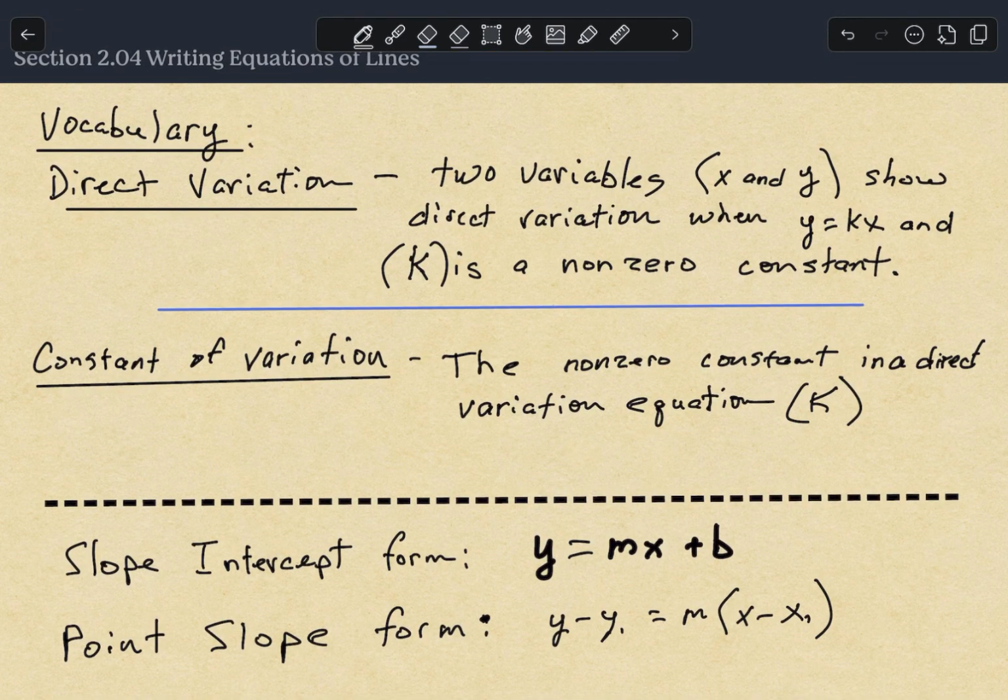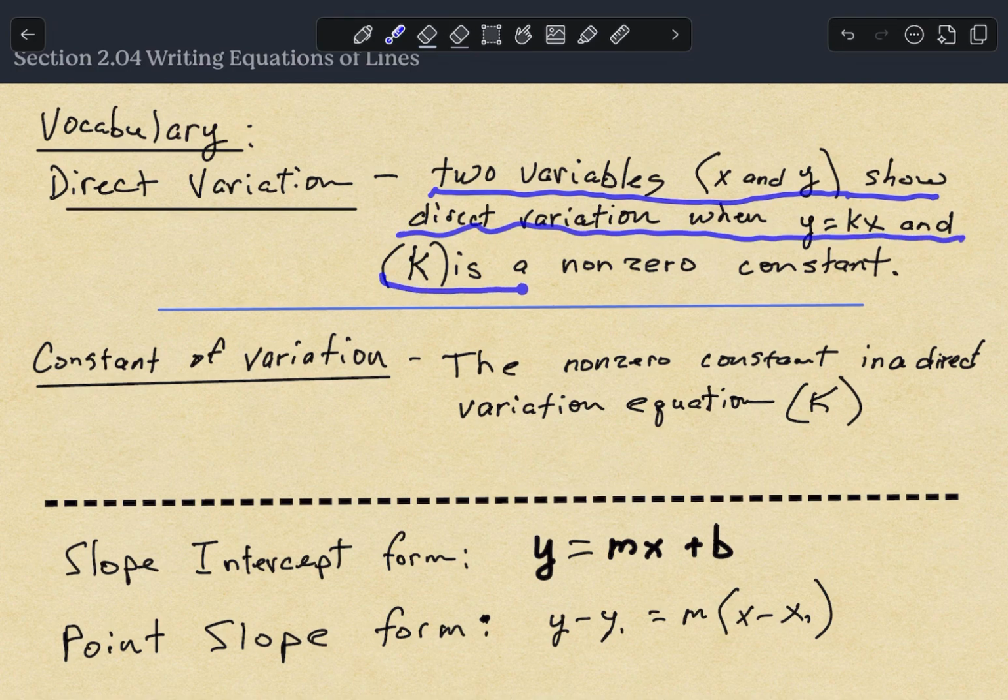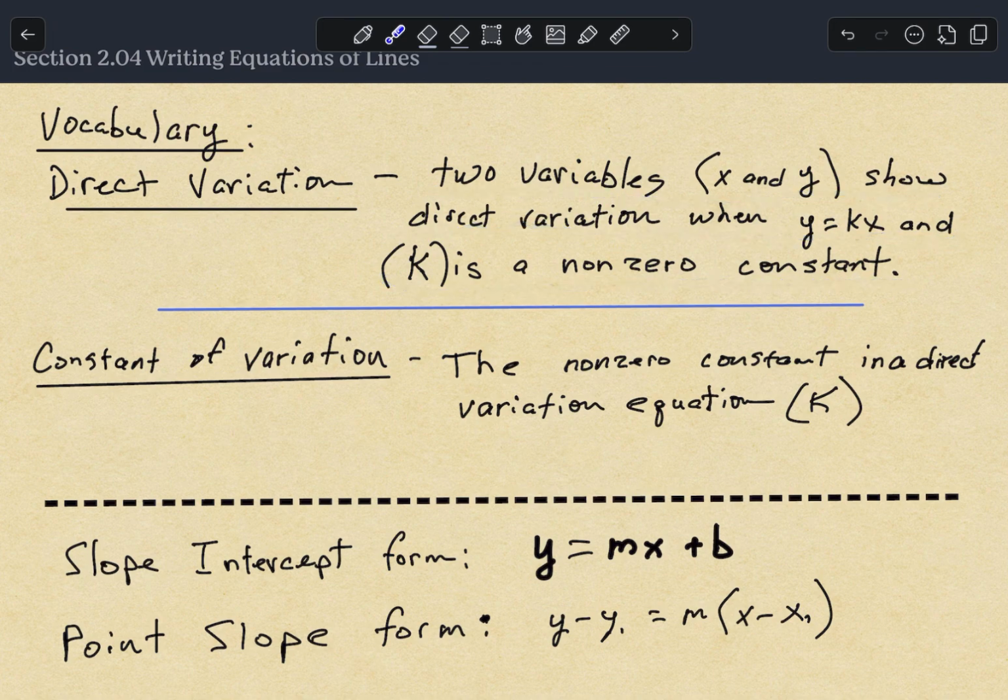The first one we'll talk about is direct variation. Direct variation is when two variables, x and y, show a direct variation when y equals kx and k is a non-zero constant. You're probably saying, huh?